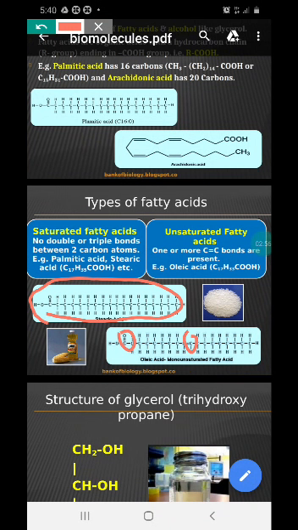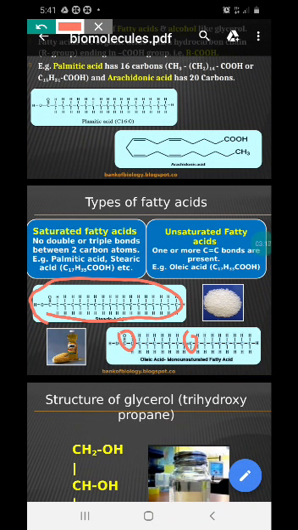That means they can again combine with something else, right? So saturated fatty acids have no double or triple bond between the carbon atoms, and unsaturated fatty acids have a double or triple bond between the carbon atoms.